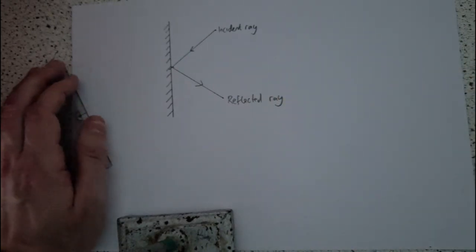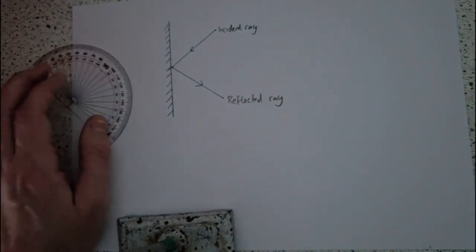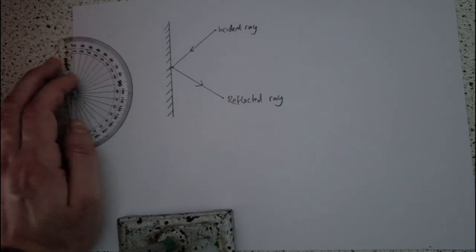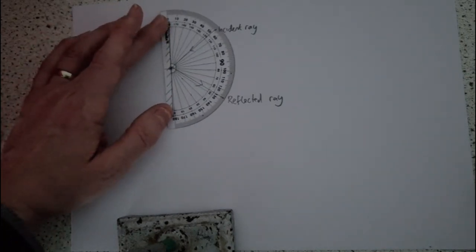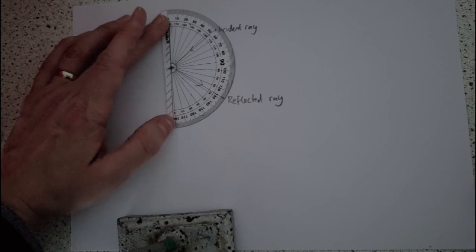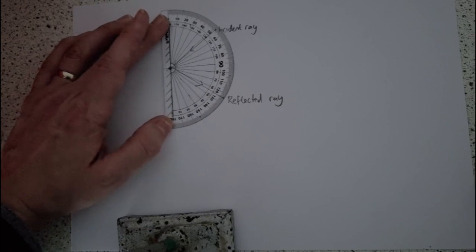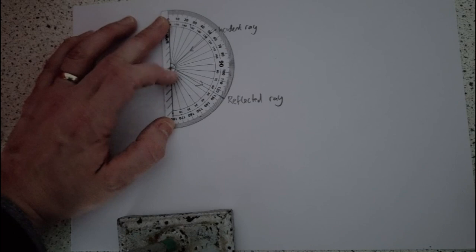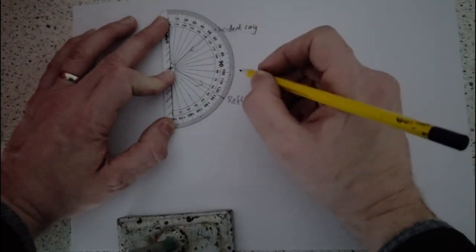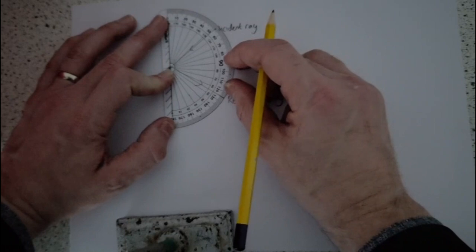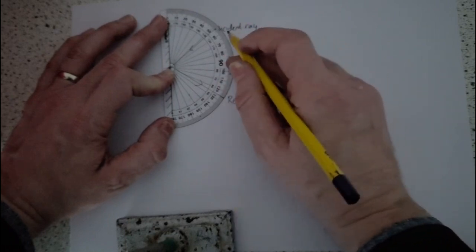Now what we can do is measure the angle of incidence and the angle of reflection to find out if there is any pattern, by using a protractor and lining it up so that the protractor is perfectly in line with the mirror, and the crosshairs here is where the light struck the mirror. What we can now do is put a little mark to show where 90 degrees was.